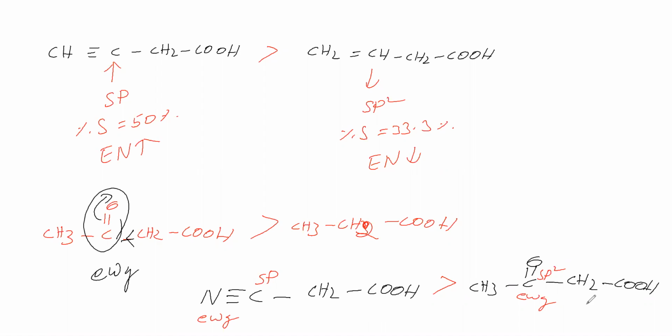Okay. So next we will see. Now, maleic acid and fumaric acid we will take. Both are geometrical isomers. Now, how is the acidic strength? They are dicarboxylic acids, meaning Ka1 and Ka2 are possible.